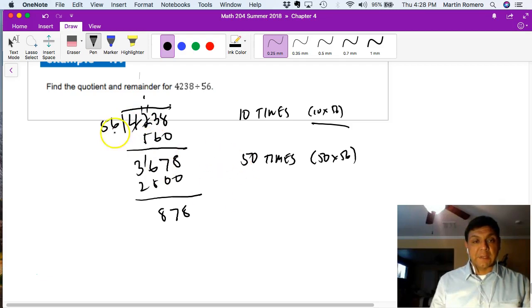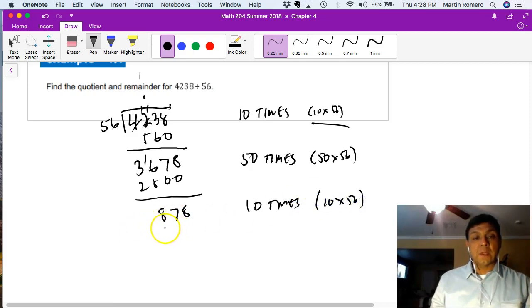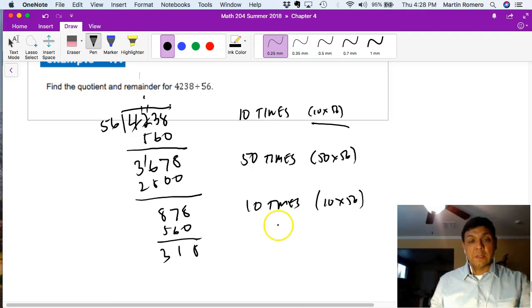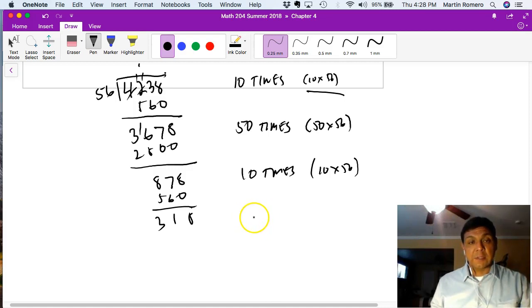Now I can ask myself again this question, how many times does this go into it? I know for sure 10 times. So I'm going to play with 10 again, since I know that's 560. And so then you end up with 560. There's your 8. What's left over? 1, 3. And so now we have 318. And so let's play with 3 times, 4 times, 5 times. I think it goes into it at least 5 times. Let's see. So 5 times 56, that'd be 250 plus 30.